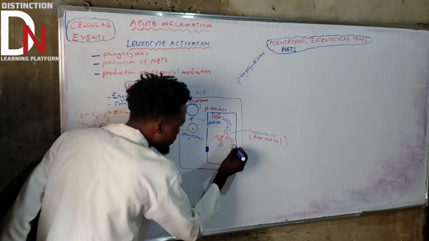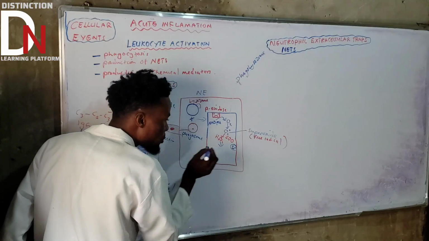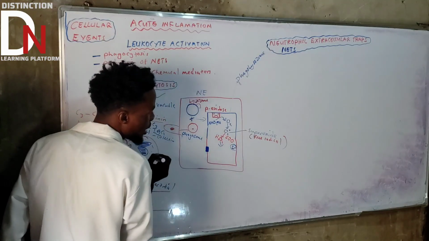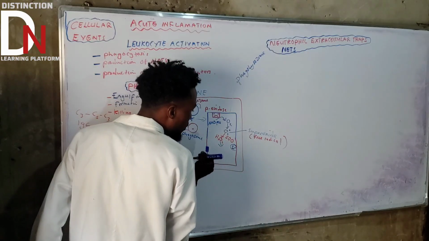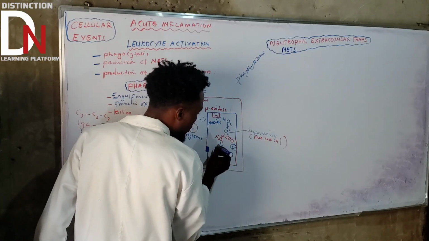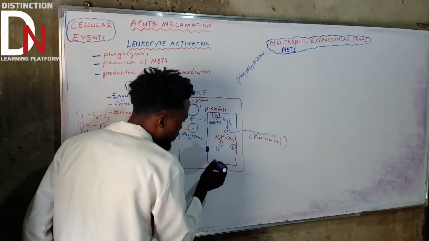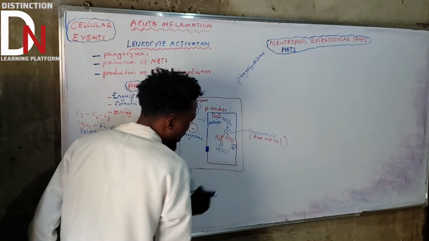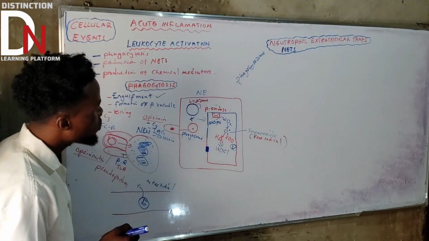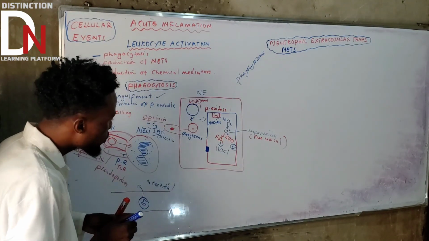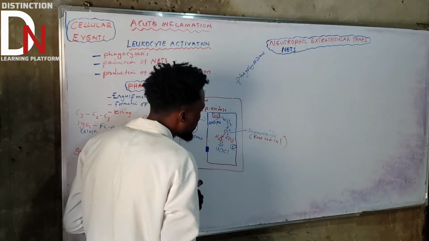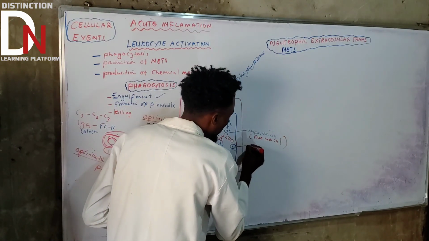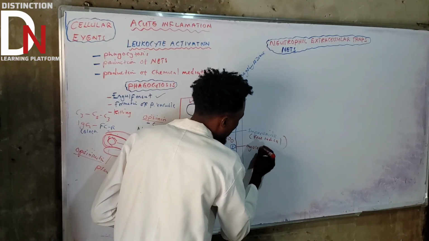In these granules, there's an enzyme which is very important because it's going to make sure that this hydrogen peroxide is converted into hypochlorous acid. What do we call that enzyme, which is found in the eosinophilic type of granules in the neutrophils? We call it myeloperoxidase.